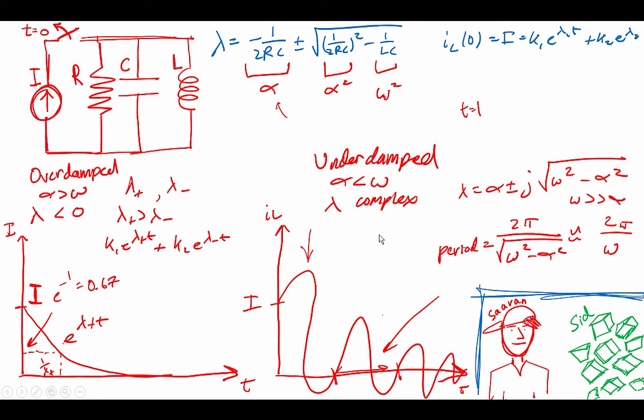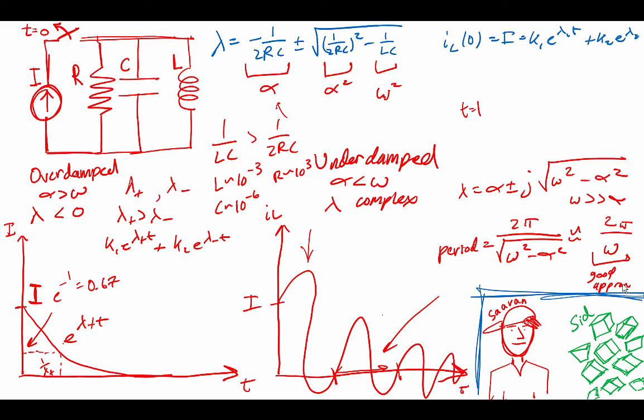This is because 1 over root LC is generally larger than 1 over 2RC in practice, because L is on the order of 10 to the negative 3-ish, C is usually 10 to the negative 6, but R is generally 10 to the 2 to 3. Just for reasonable values. So in general, 2 pi over omega is a good approximation.